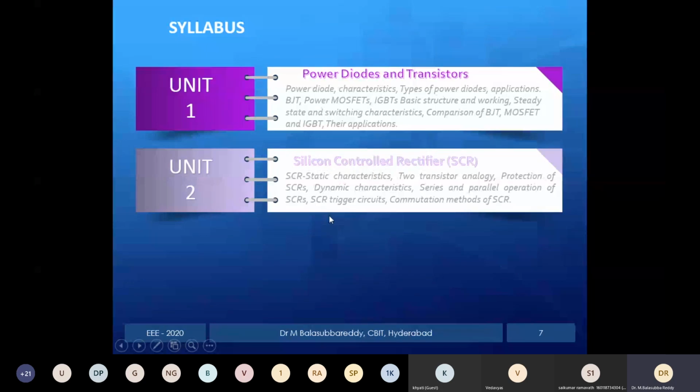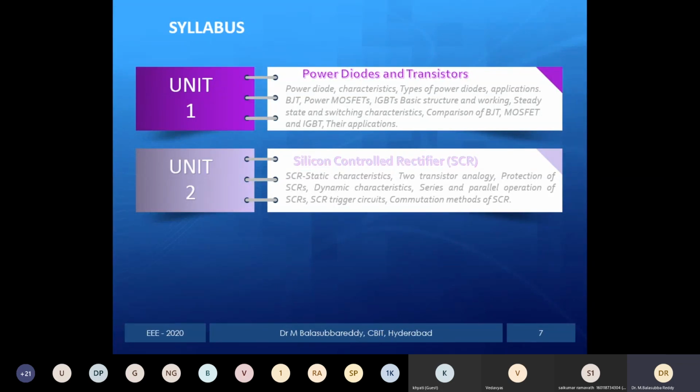And second unit, purely SCR. This is another familiar device. Another name for this is a thyristor. We call it SCR or a thyristor. In this again, characteristics of SCR, static as well as dynamic characteristics, and then series and parallel operation of SCRs. Why do we need to go for series and parallel operation?